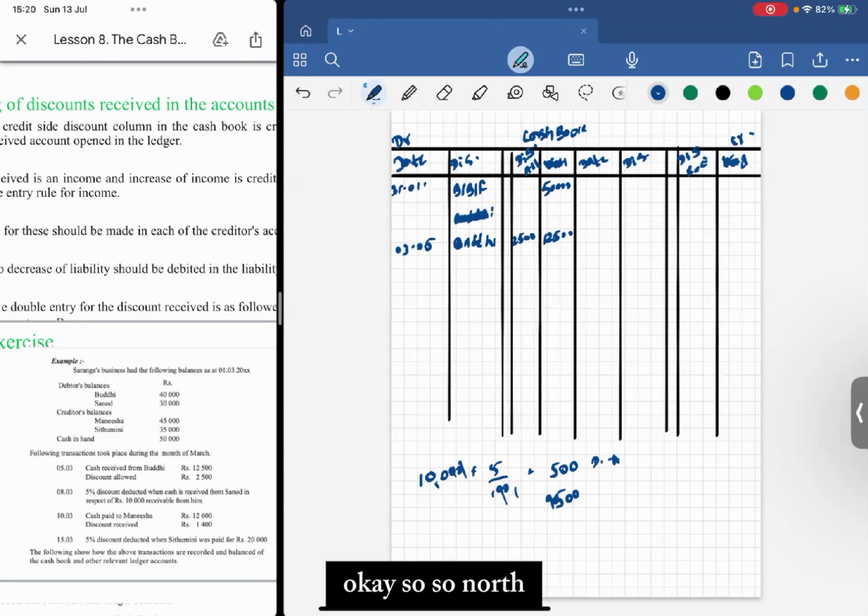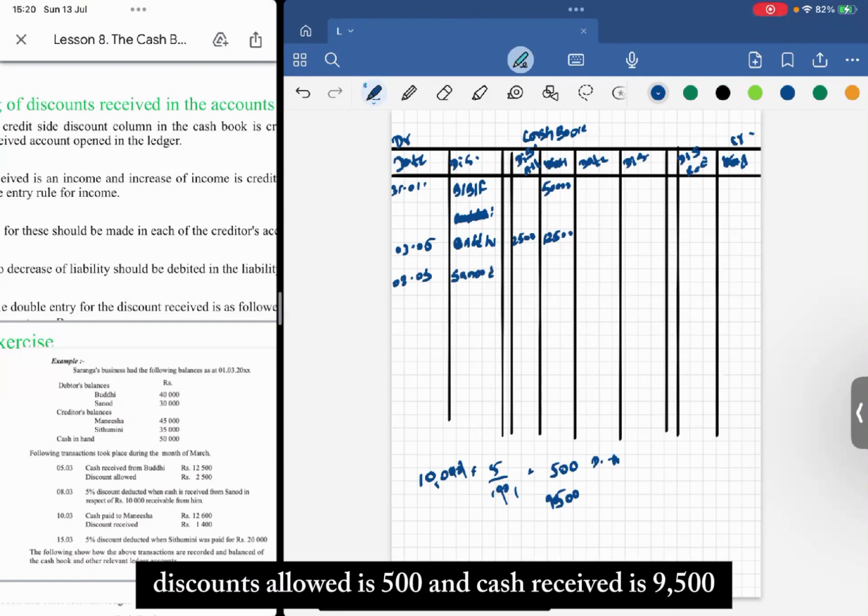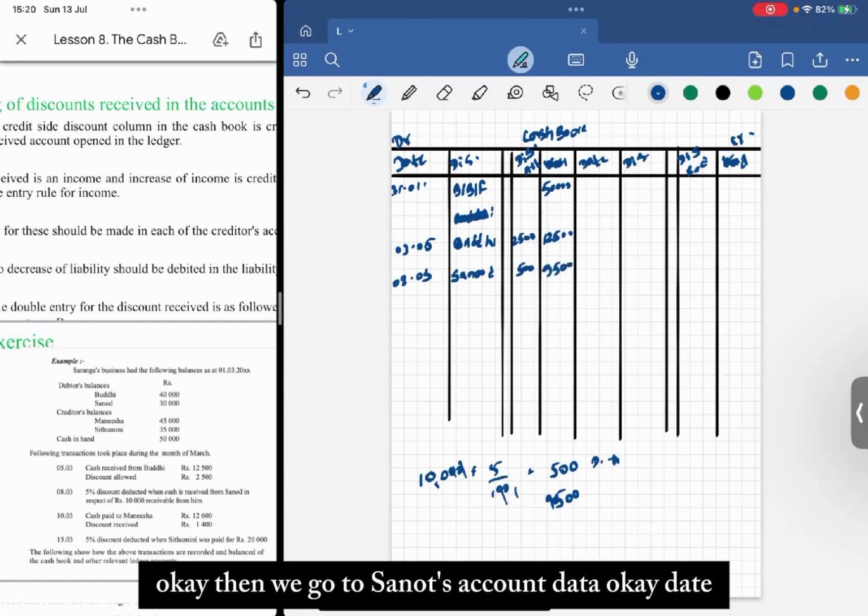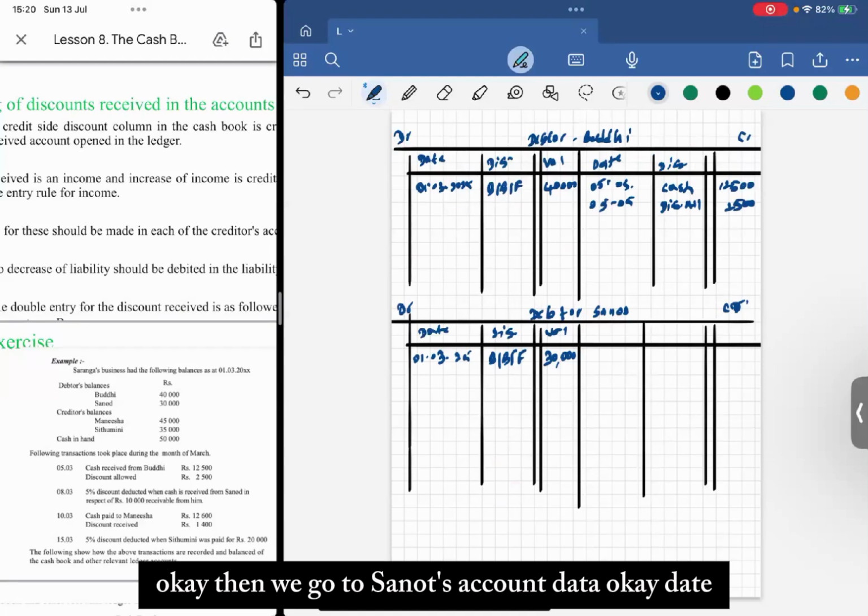So for Sanod, discounts allowed is 500 and cash received is 9,500. Then we go to Sanod's account, debtor.